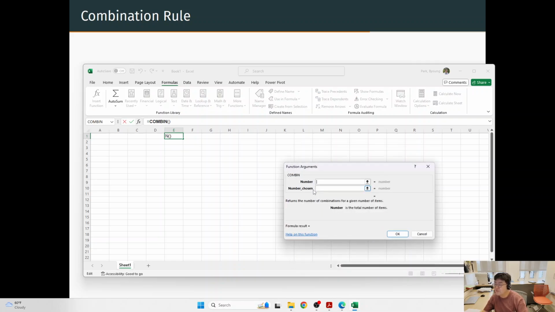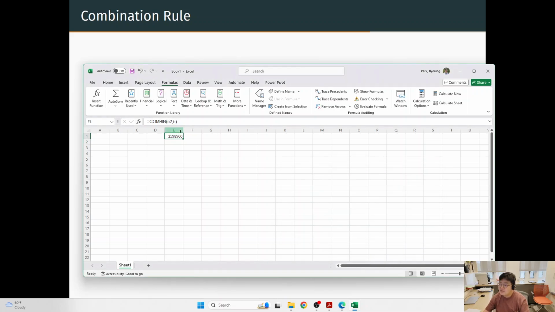Choose this function. Then you have to enter two numbers. Out of, say, 52, let's choose 5 cards. Out of 52 cards, I will choose 5 cards. Then how many possible cases? This many. What is this? 2.5 million, nearly 2.6 million different scenarios when you choose 5 out of 52.